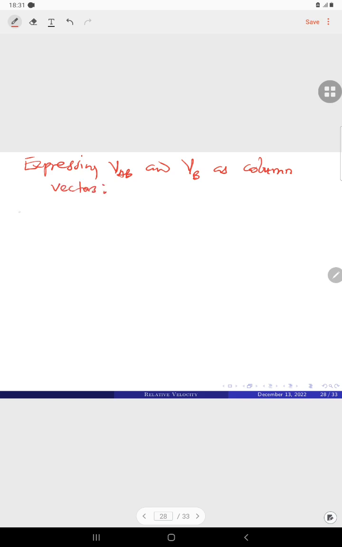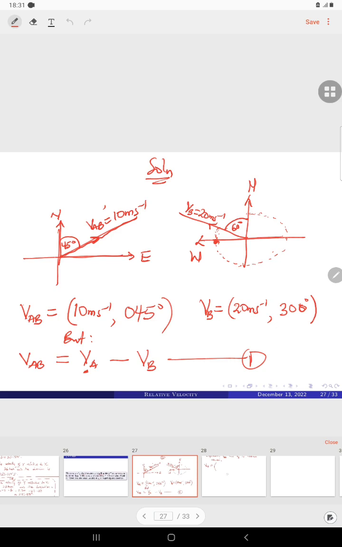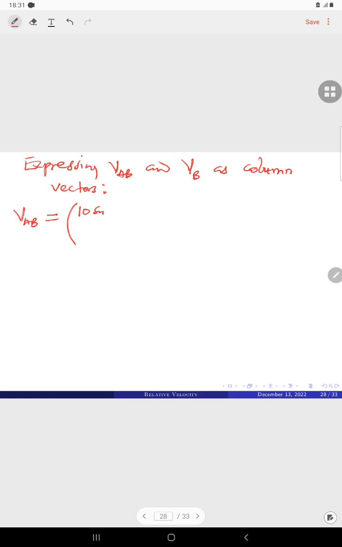And how do we get it? VAB, the magnitude is 10, the direction is 45 from the north. So I will say 10, as usual, 10 sine 45 degrees, 10 cos 45 degrees.